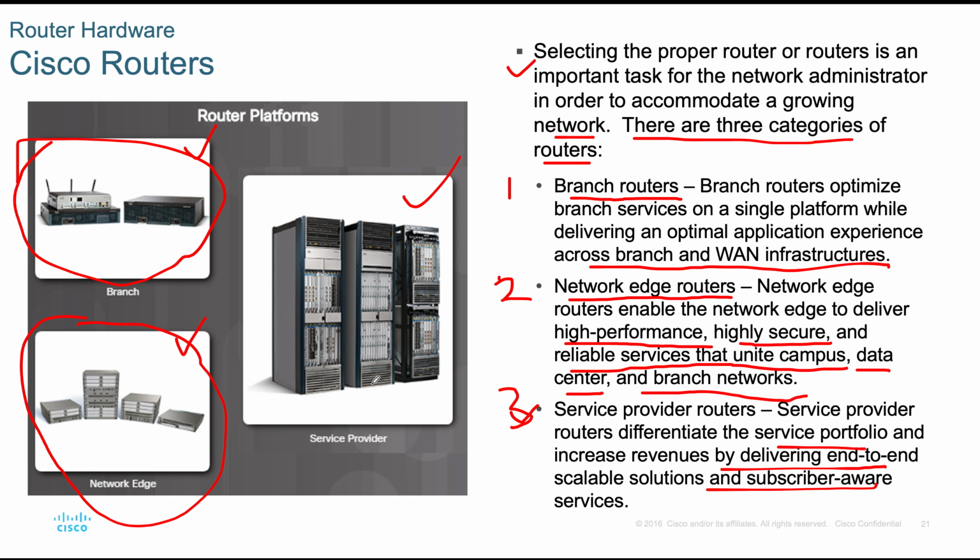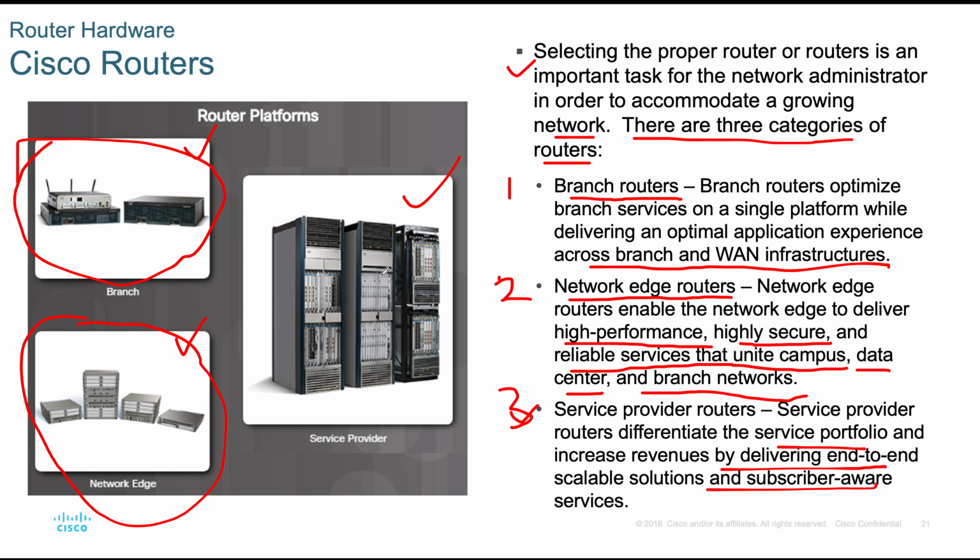The third one is the service provider router. As the name implies, this is the type of router that is being used by the internet service providers, like the TM. So the service provider routers are obviously typically going to be different from the routers we use in our offices, right? In our enterprise network.